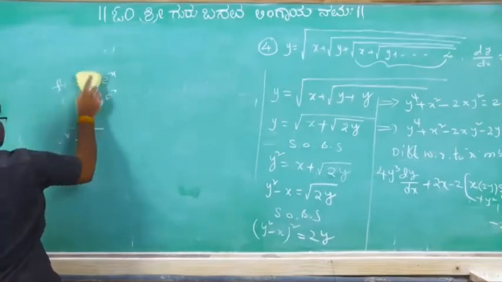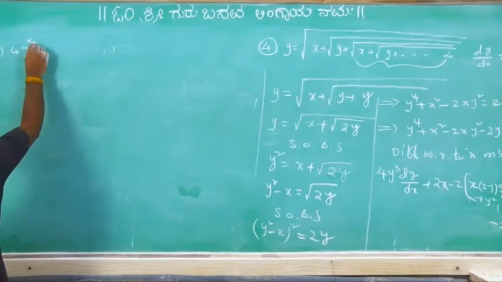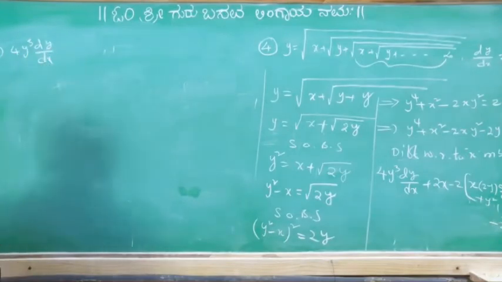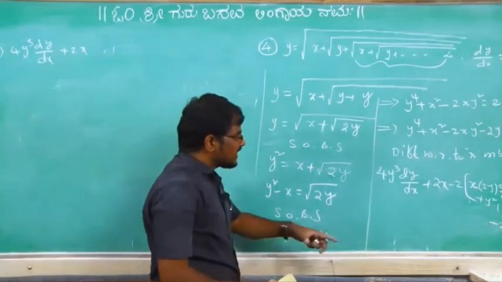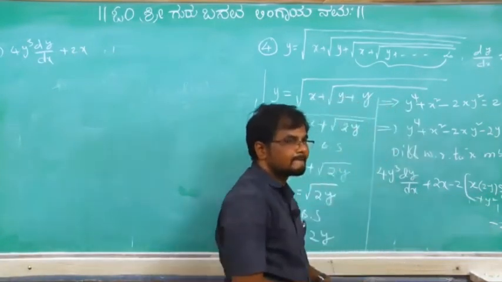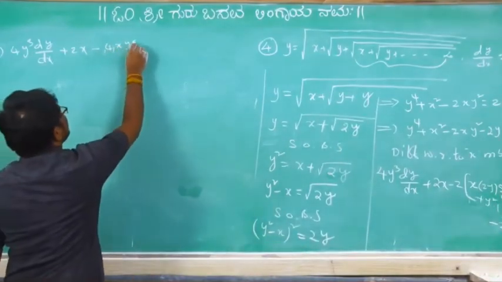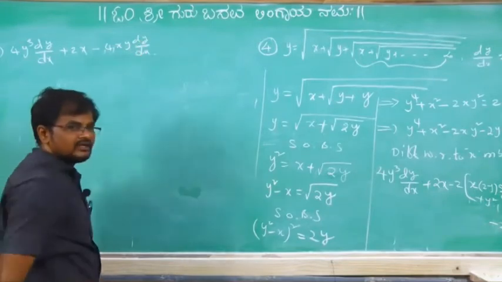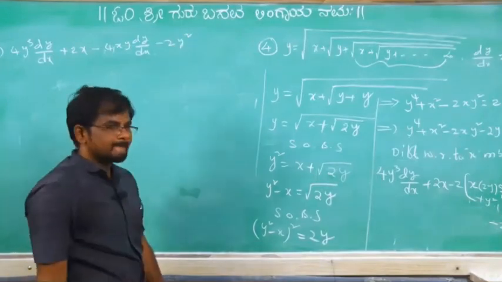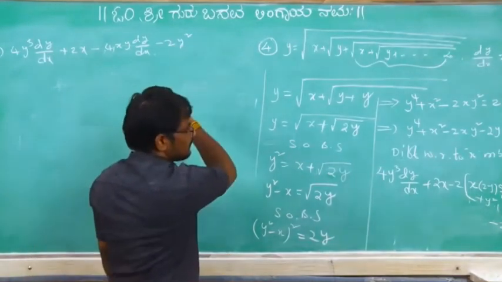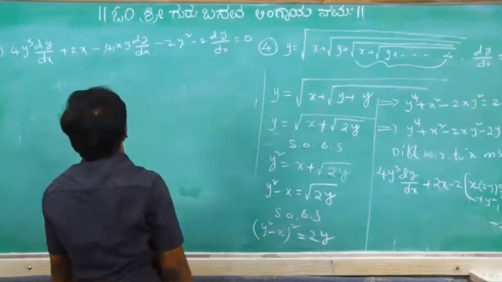That implies 4y cube dy by dx plus 2x. Now multiply these two. What will we get? Minus 4xy dy by dx minus 2y square minus 2 dy by dx equals 0.